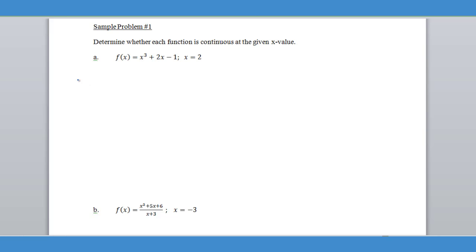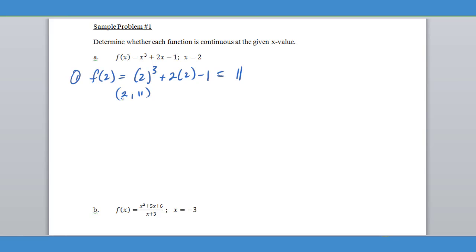What we'd do is simply evaluate this function at 2, and we can see that it equals 11. So we know we have a point on the graph that is (2, 11), and so it's defined at that point.